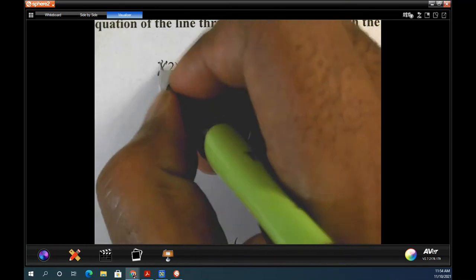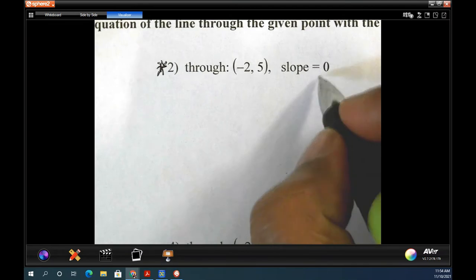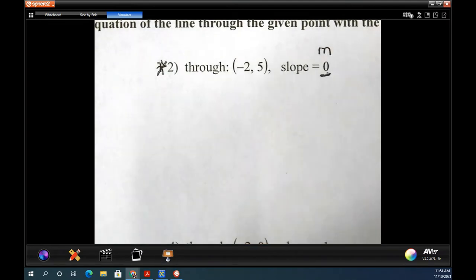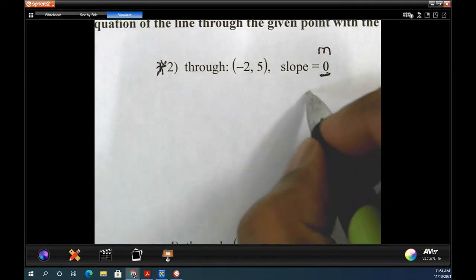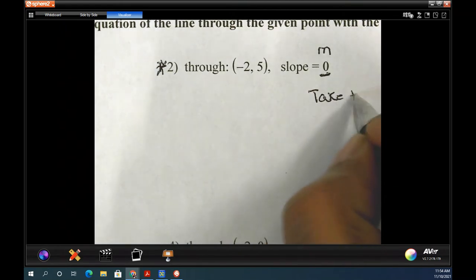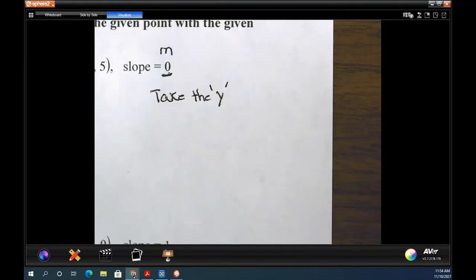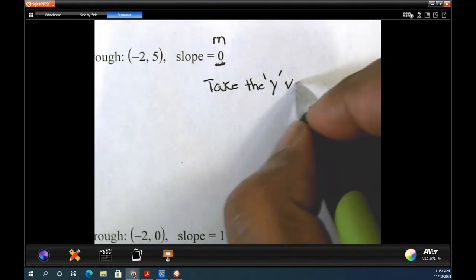Okay, special case. Number 2. There's only one way to do this, and that's put it in slope intercept form. When the slope is 0, all you have to do is take the y value.